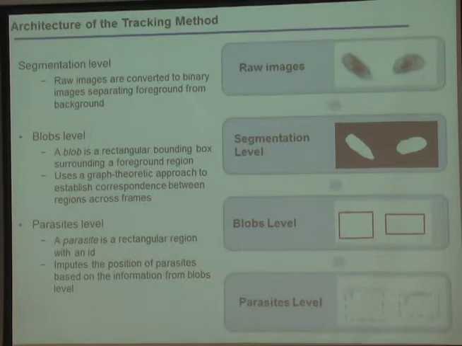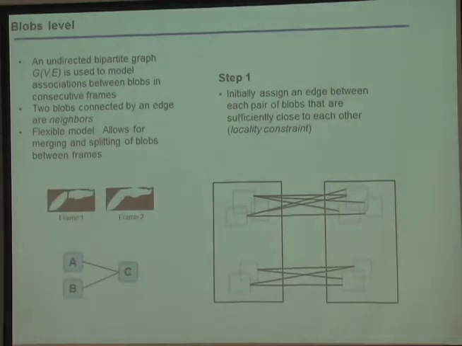A blob is nothing but a rectangular box around each segmented parasite. Then we use this graph theoretic approach, which was developed by Masood and Papanikolaopoulos, to establish correspondences between regions across frames. Then we assign identifications to each parasite, and we have a database. So we have an idea of the parasite, we have all the measurements of this parasite, and we are ready to do analysis. Right? So the idea of this graph-based tracking approach is as follows.